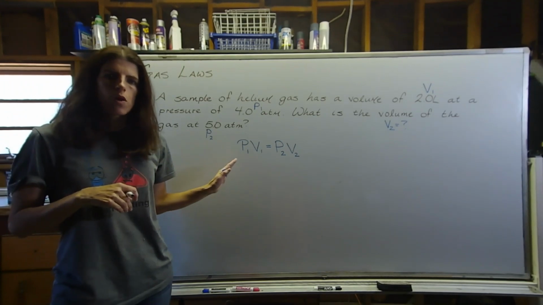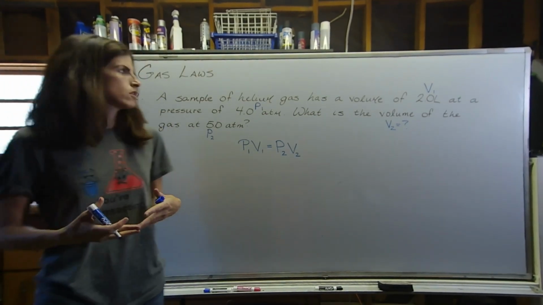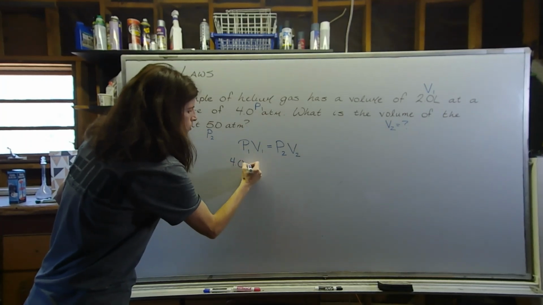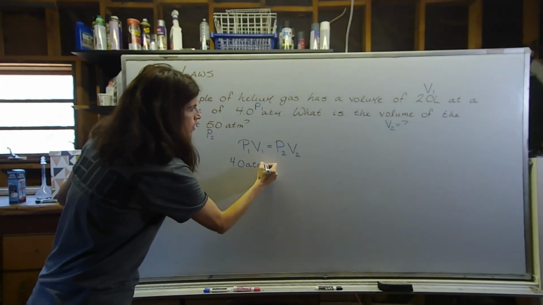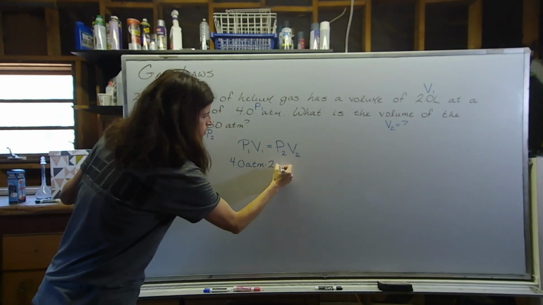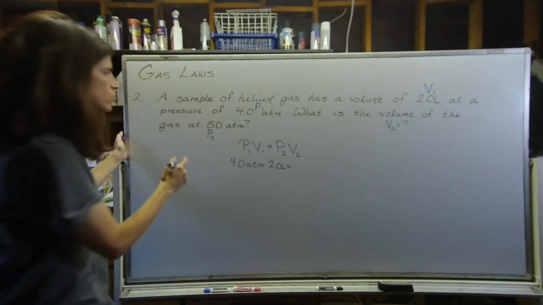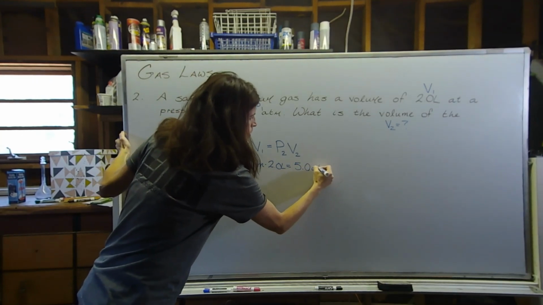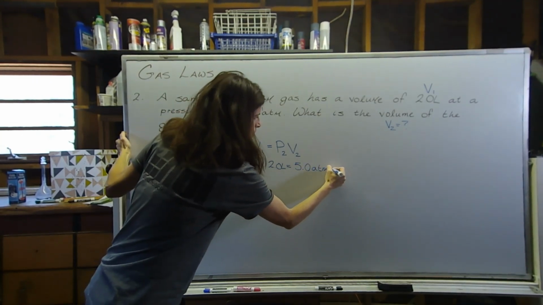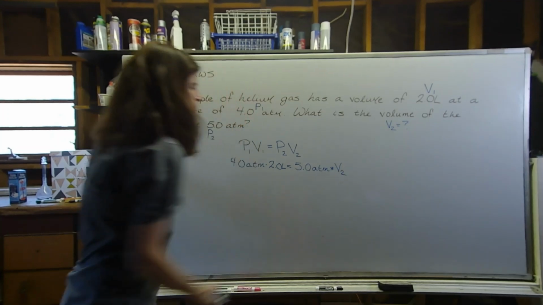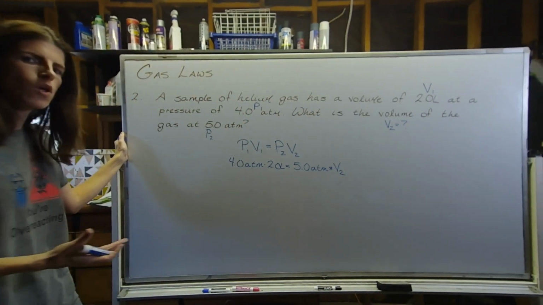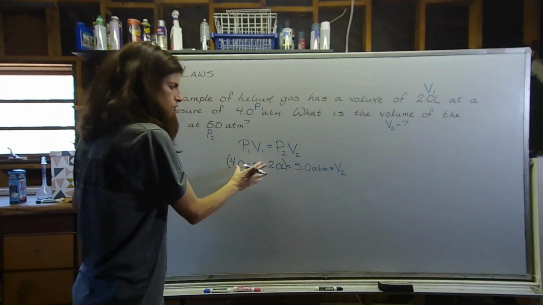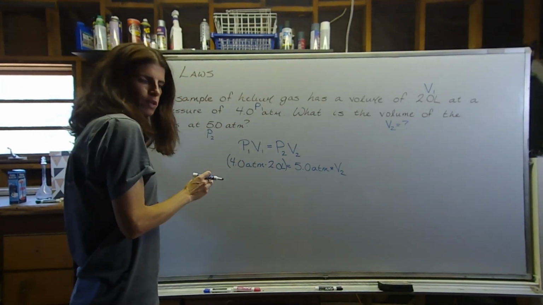So we're going to use Boyle's Law. P1V1 equals P2V2. So I'm going to do 4.0 atmospheres times 2.0 liters equals 5.0 atmospheres times my unknown, V2. You can do this all in one step in your calculator. You're going to put parentheses around these two things when you multiply them.